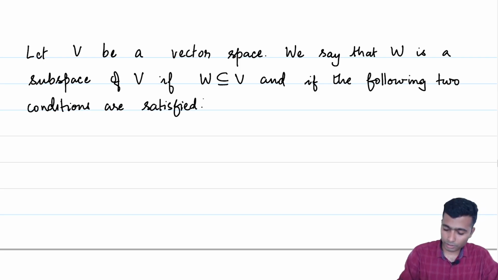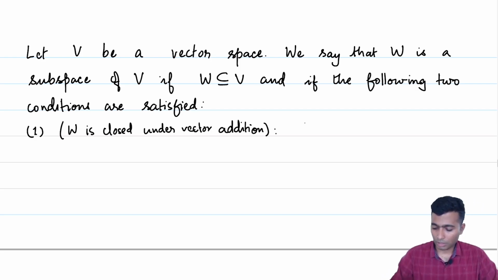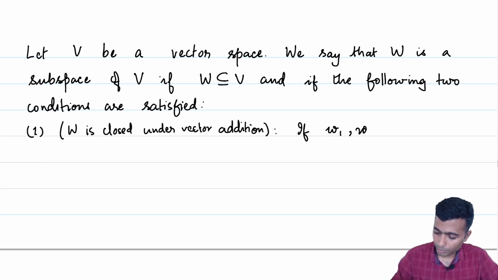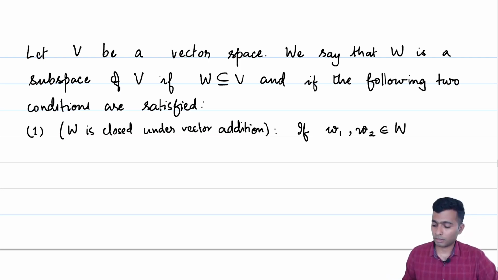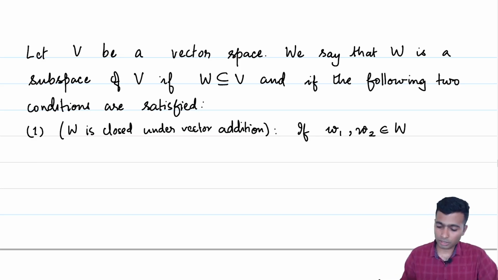As already noted, the first one is that W is closed under vector addition, i.e., if w1 and w2 are elements in capital W. As of now, W is just some set, right.